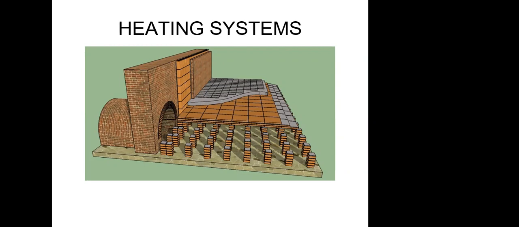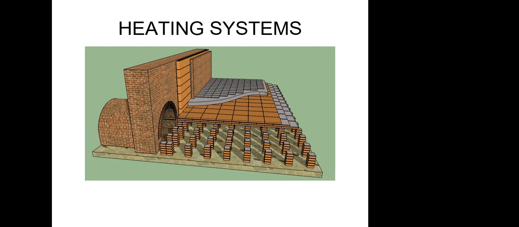In Rome, the old Romans were a little bit more sophisticated, and they came up with this idea, which is something similar to what we have now with the radiant floor. So they had a kiln or a place made of brick or stone in which they burned fire, wood mainly, or coal, and then they heated up the air.